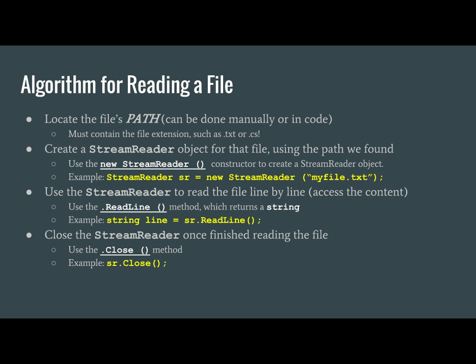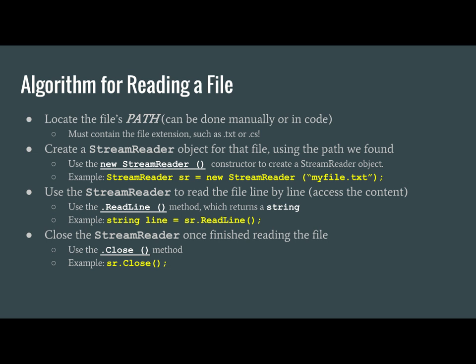And when we read a file, we need to create a stream reader object for that file, using the path name we found. And how do we create a stream reader object? You use the new StreamReader constructor to create that.